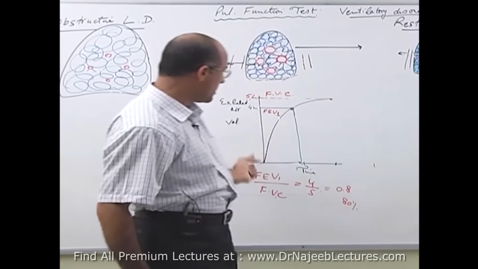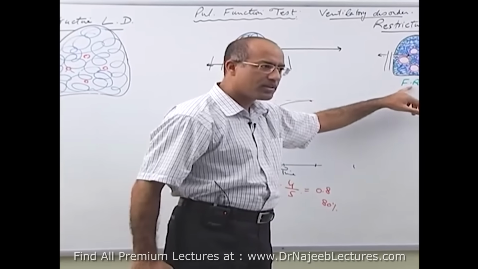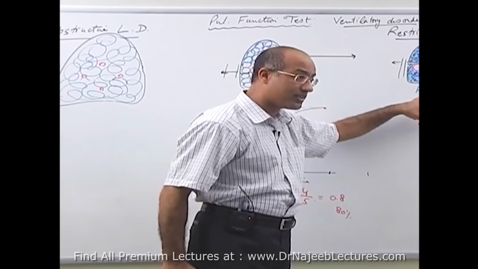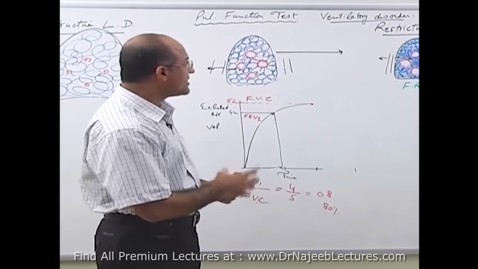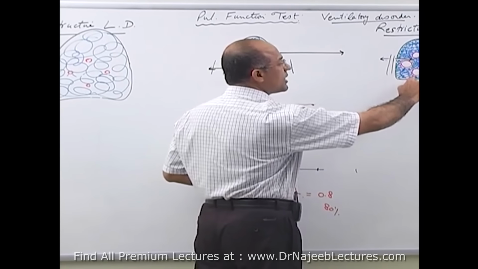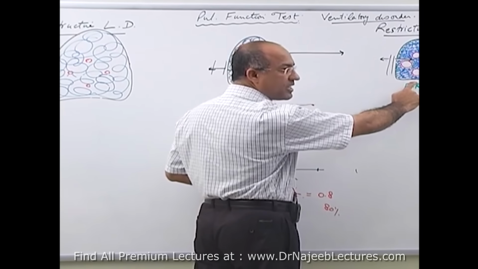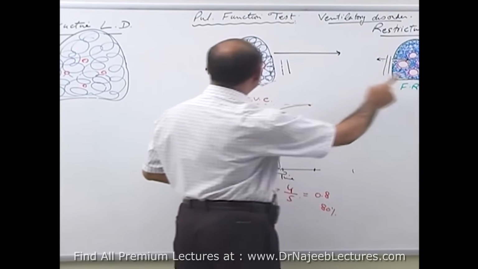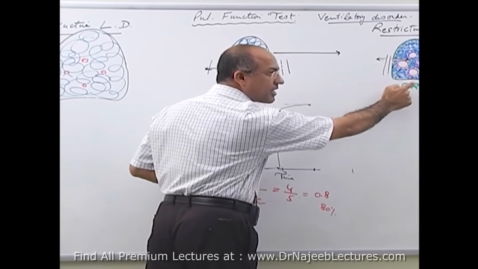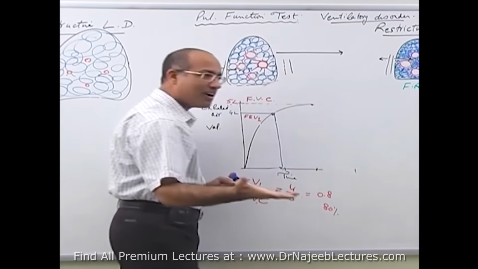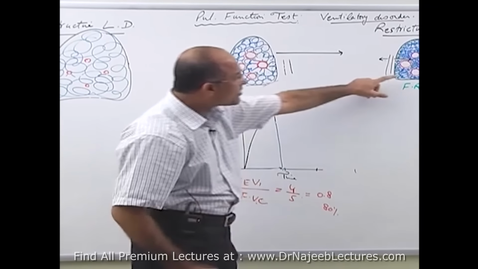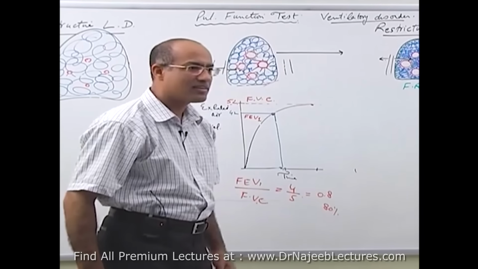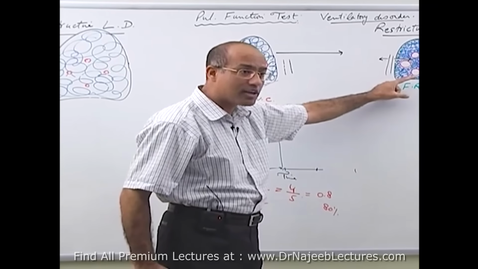Now we do the same studies for the lung with restrictive disease. Of course, in this lung, will vital capacity be less than normal or more than normal here? It will be less than normal. But do you think airways are narrow here or not? Here airways are not narrow.